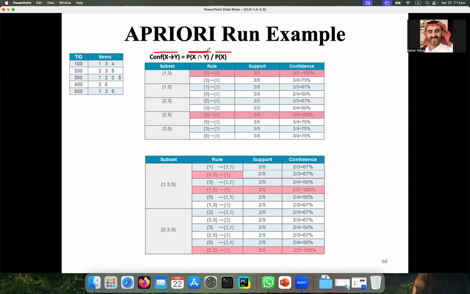Then from the next class, we will take the break for Maghrib, at 7, and then we will get together again at 7:15. So okay, take a break and we will start again.